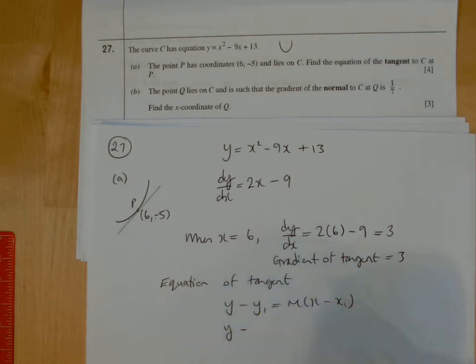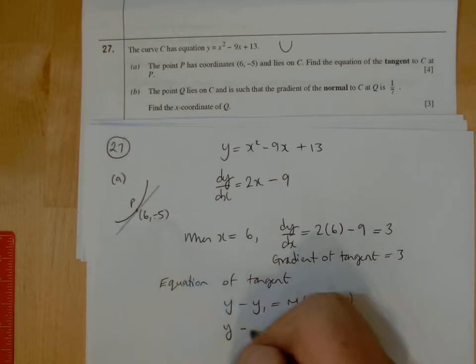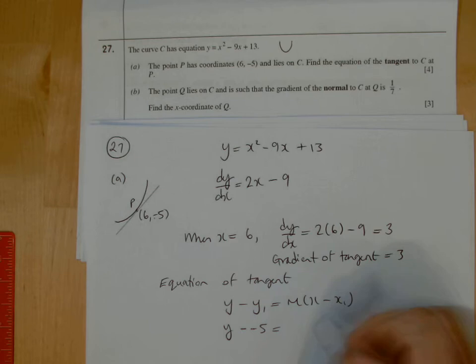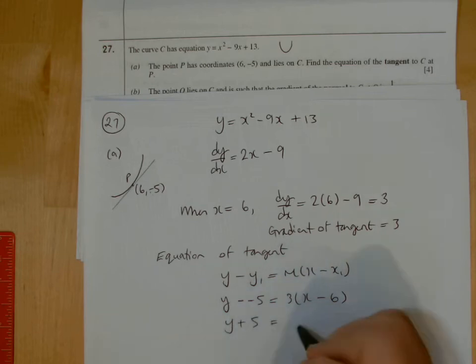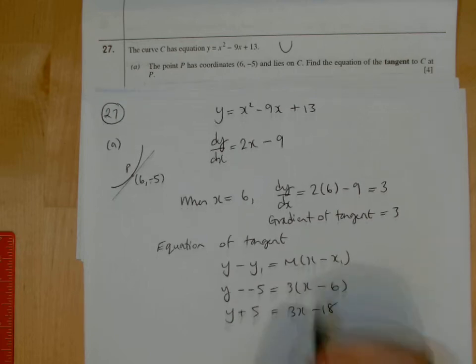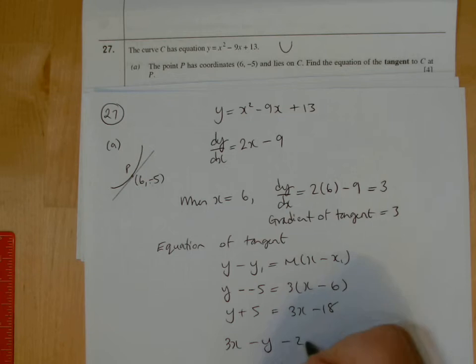So y minus, now in this case the y coordinate is minus 5, so go minus 5 in there, gradient then 3 and x value is 6, so that becomes plus, doesn't it, because 2 minuses make a plus. 3x minus 18 when you multiply it out, and then if we get it all onto one side, 3x minus y minus 23 equals 0. That would be the representation there. Or you could just simply say y equals 3x minus 23. Whichever, it doesn't matter.